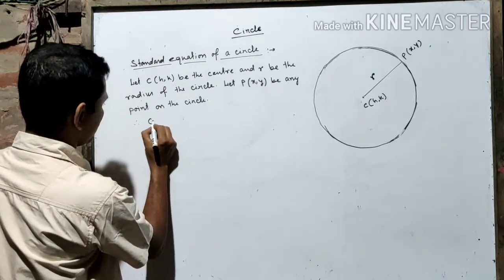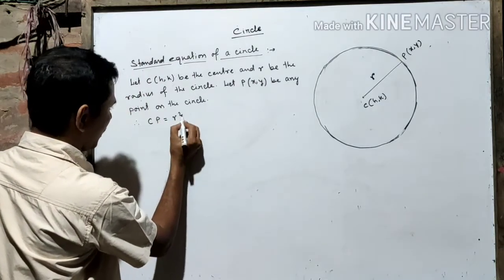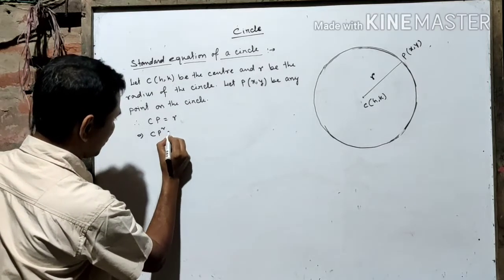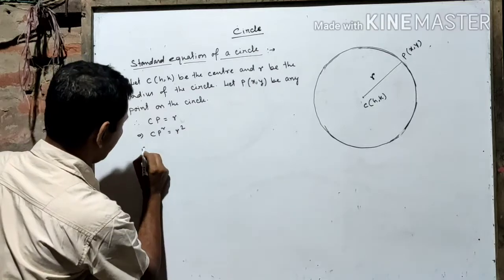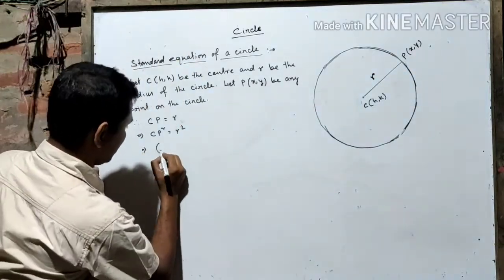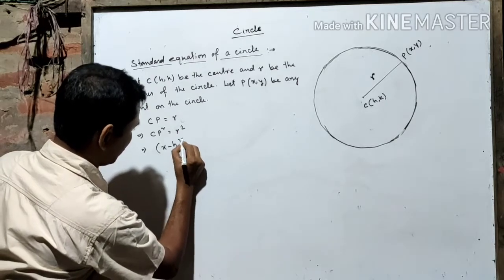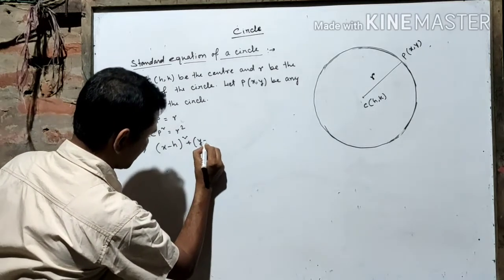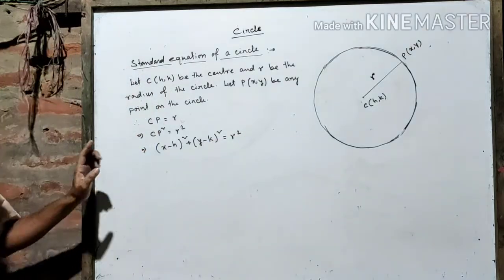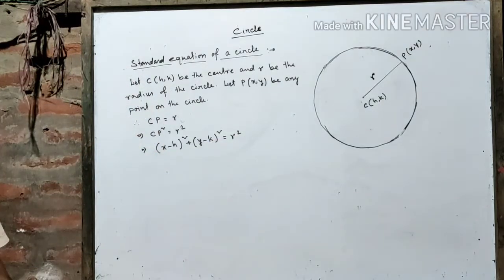Therefore, CP is equal to r. This implies CP square is equal to r square. Now, what is CP? CP is the distance between C and P, so from the distance formula CP square will be (x - h) whole square plus (y - k) whole square is equal to r square. And this is the standard equation of a circle.